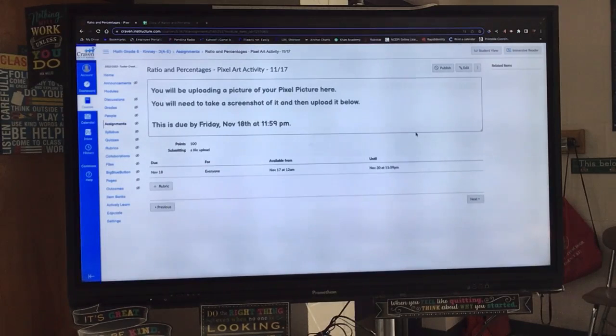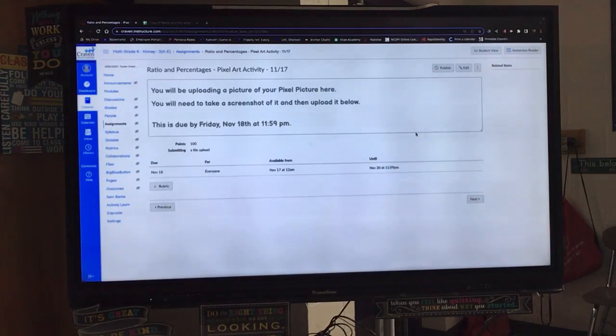Does that make sense? You don't have to upload a picture of your work. I just want a picture of what you come up with once you get all your answers done. Your work is already going to be in your notebook. I will see that. You do have to show your work for all your questions.